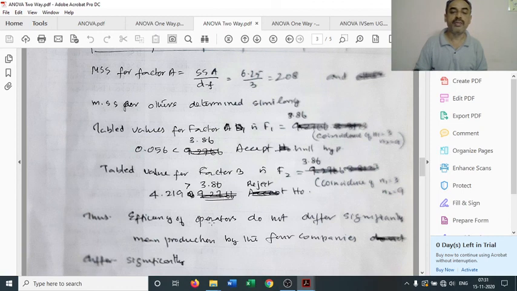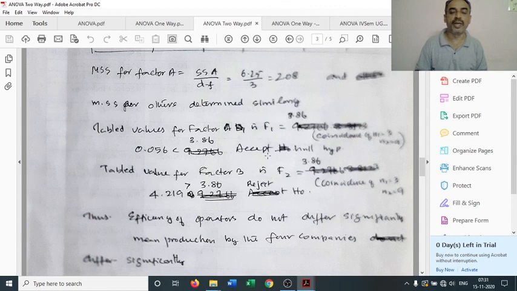We can see the table value is 3.86, that is the coincidence of row 3 and column 3. So 0.056 is less than 3.86, so we accept the null hypothesis regarding factor A.